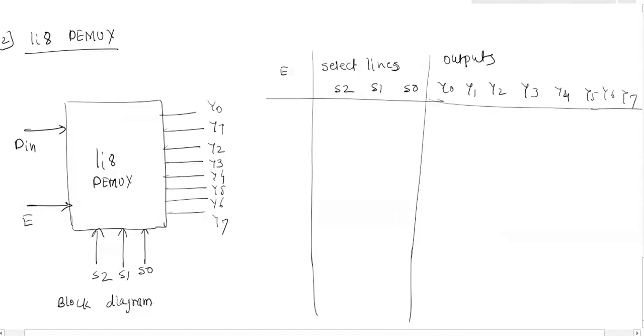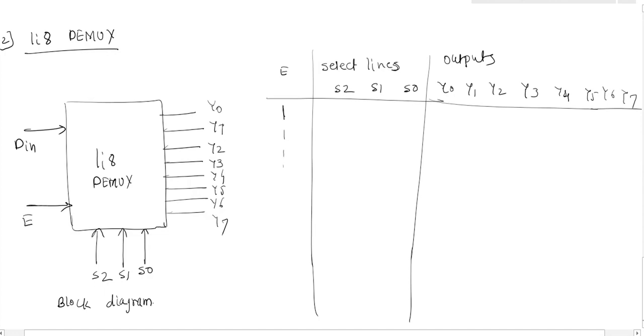Now the enable input, let's say for an active high enable signal. Remember, based on whether the enable signal activates the chip on active high or active low, you have to write the enable value as either 1 or 0. Now I am saying it is activating on the active high signal, so the enable signal will be 1 for all the cases.